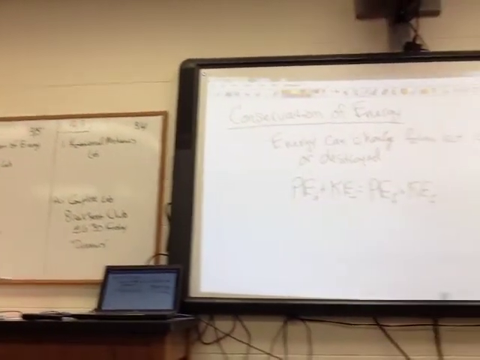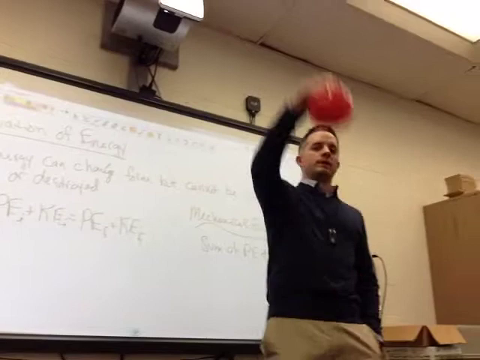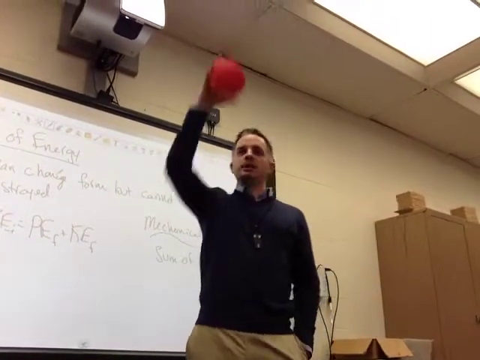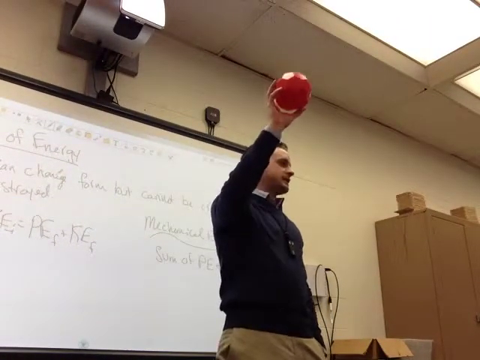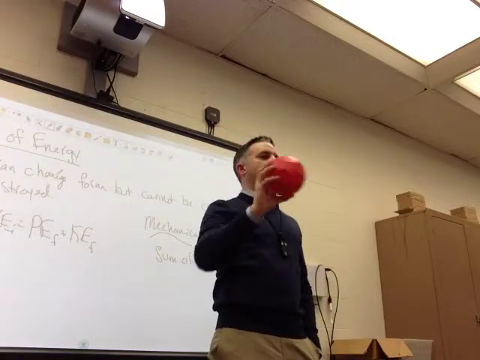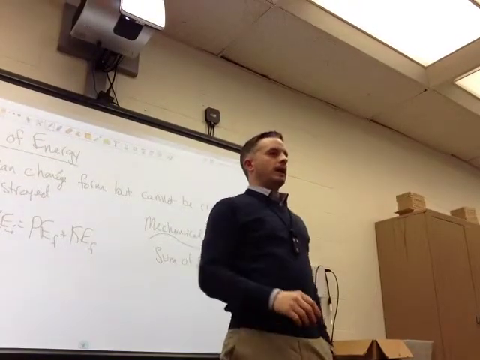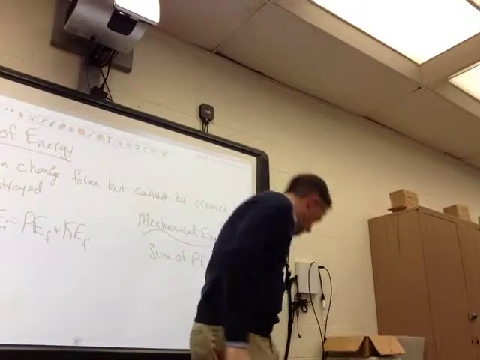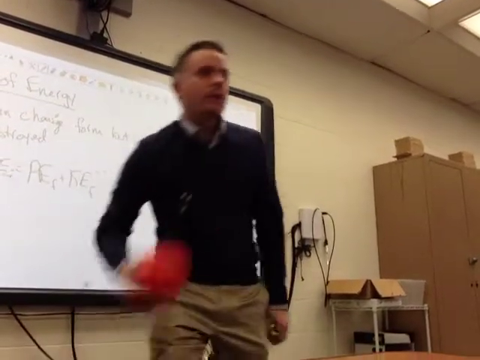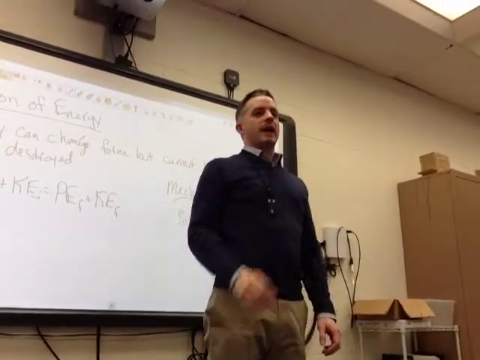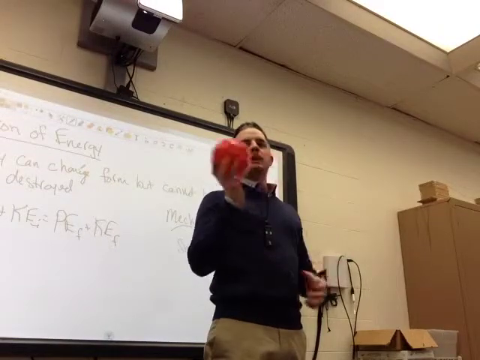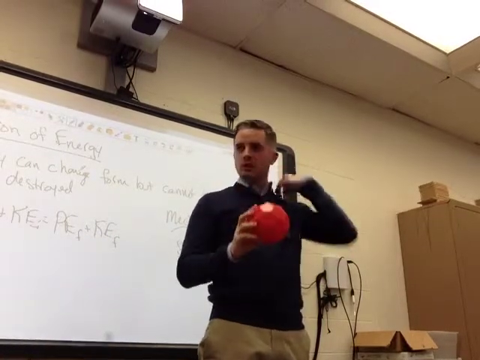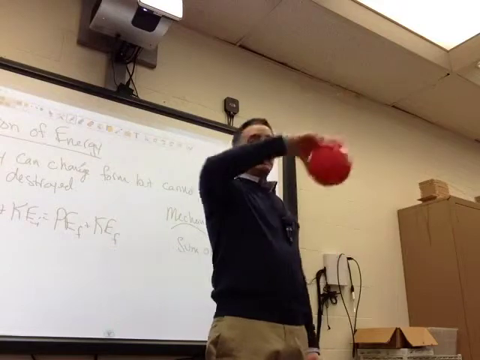Now, we talked about just lifting it up, changing its potential, and then throwing it and changing its kinetic. But what if I throw it, and it goes up, and then it comes down? What's changing, in terms of going up and down?